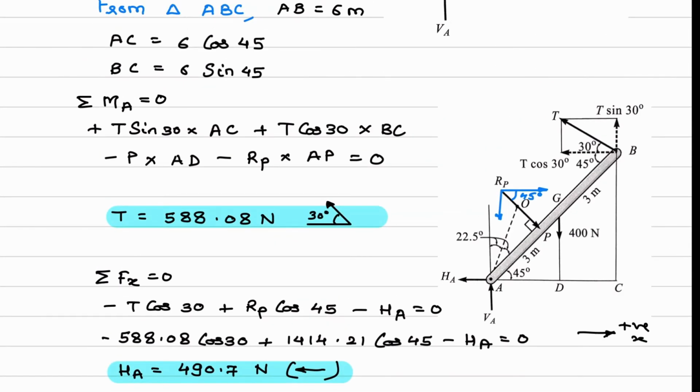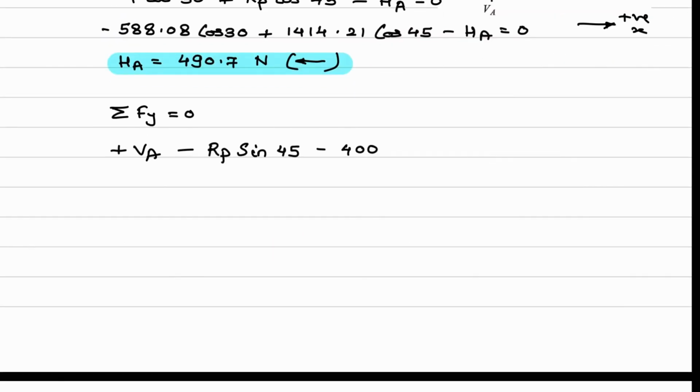And the next component in vertical direction, if you see, it's this one, and it is in upward direction, so this will be plus T sine 30. This is equal to 0. Now substitute all the values. VA value we have to calculate.